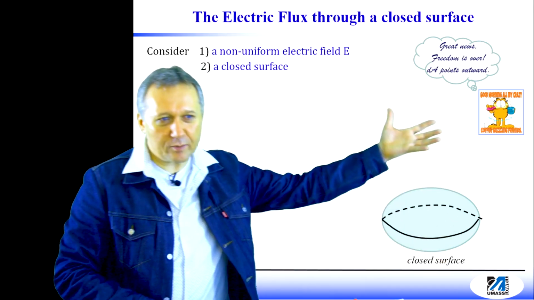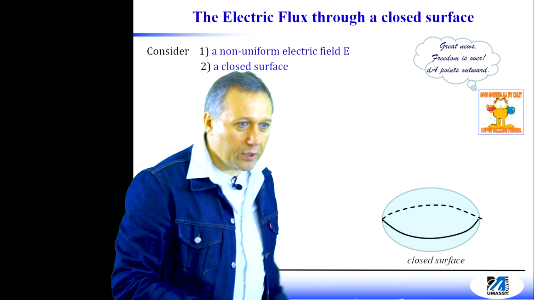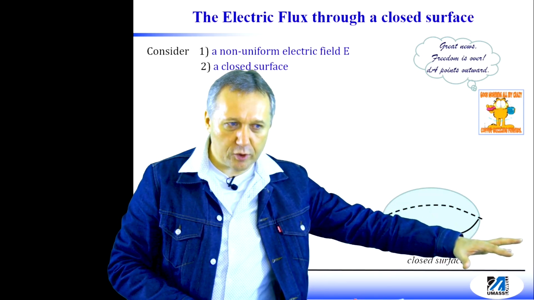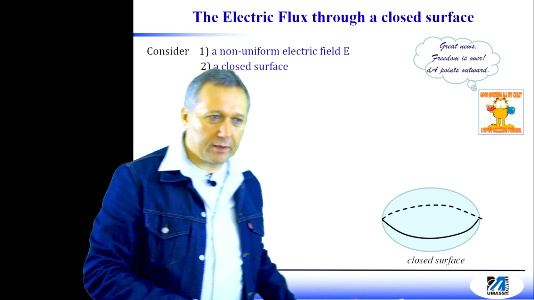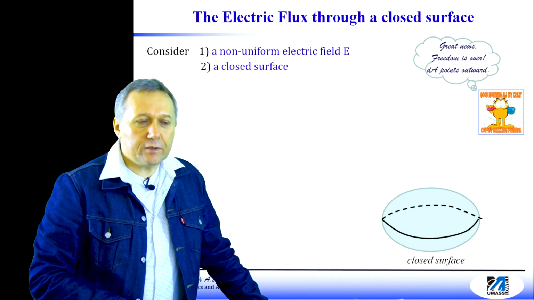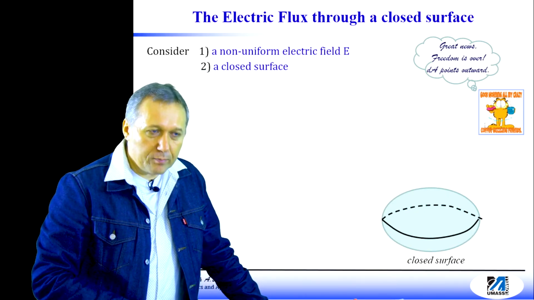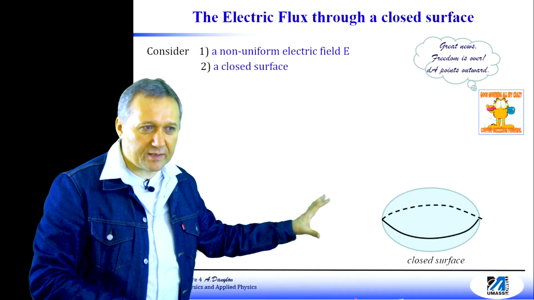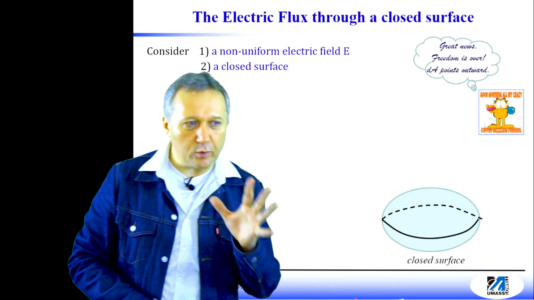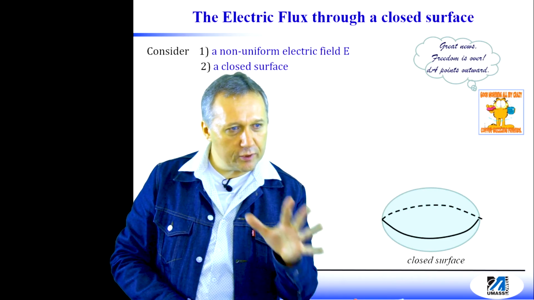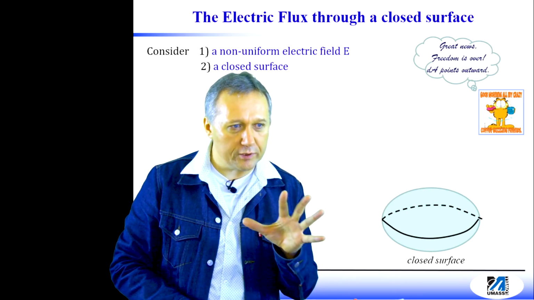So now I start practicing my dictatorship skills, right? No freedom in terms of choosing the direction of the area vector. The justification is very simple, because the formula which I'm going to present now is used in Gauss's law, and Gauss's law is one of the fundamental laws in physics.